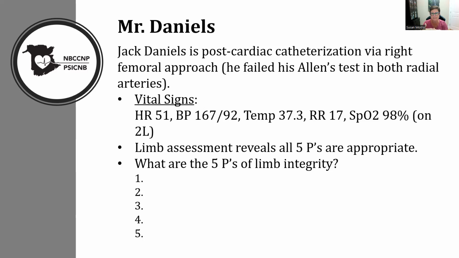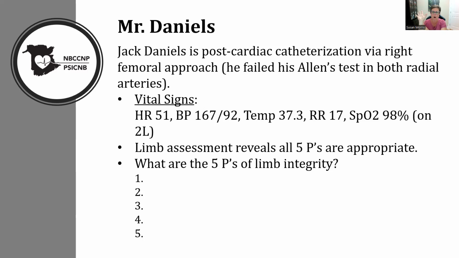Paralysis is a really late sign of poor limb integrity. By the time you get to that, you really have not done a very good job of managing this patient's limb. And then paresthesia, that tingling or numbness that some patients get.